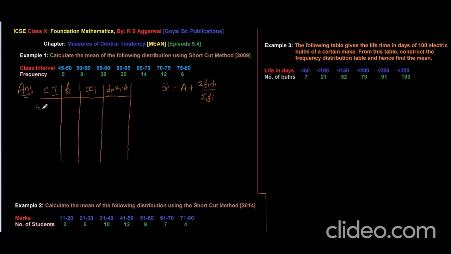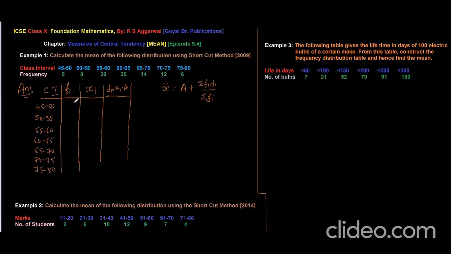So here class interval 45 to 50, 50 to 55, 55 to 60, 60 to 65, 65 to 70, 70 to 75, and the last one 75 to 80.